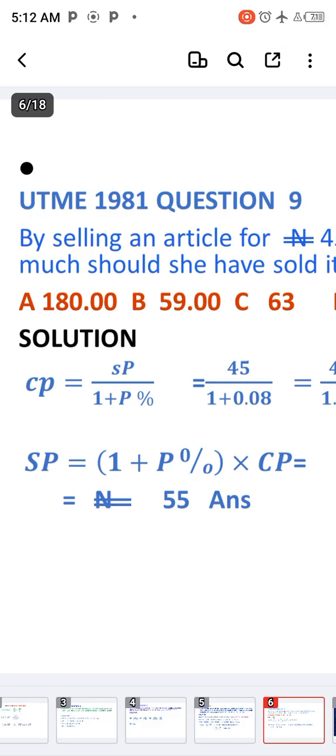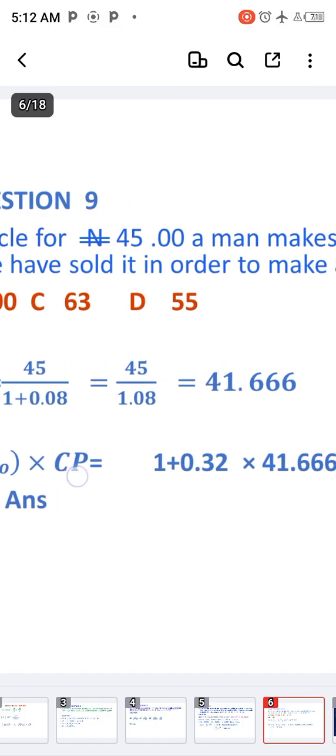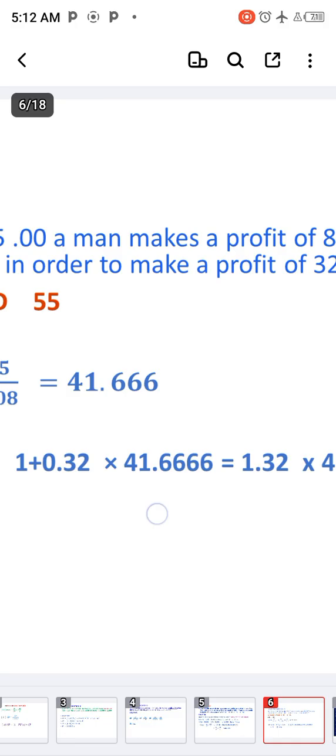So we are going to use the second formula, which is selling price is equal to 1 plus profit percent times cost price, which is the same thing as 1 plus 0.32. 0.32 is the margin, which is 32%. 1 plus 0.32 times 41.666, which is the cost price.